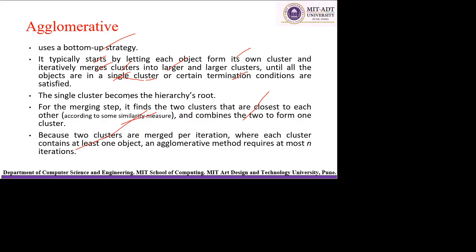If there is a single cluster, it becomes the hierarchy's root. So this process of merging goes on, and we'll have the different clusters or one cluster at the top.